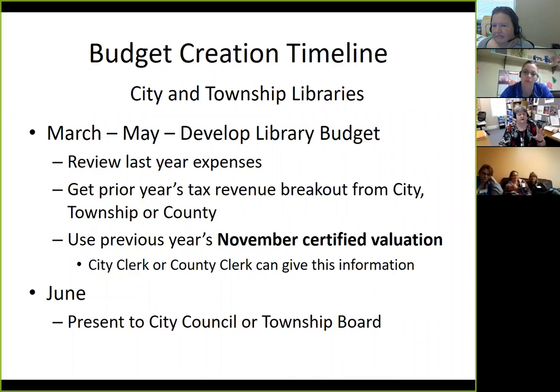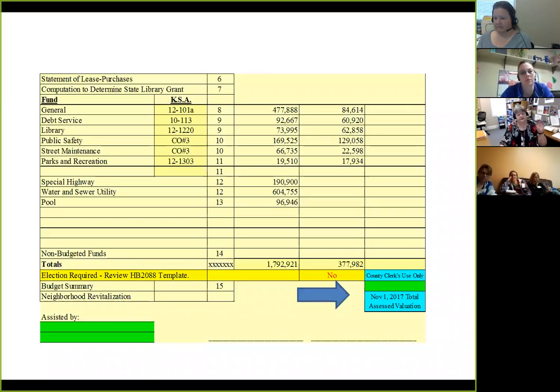So I'm telling you to start with the November, when I said to you last time, when you look at this to know what a mill might be worth, look at the previous November certified valuation. So I'm going to tell you that here is the state form that the city or township fills out. And the green box here with the blue around it, that's something the county clerk goes in and writes in November, the final assessed total valuation.